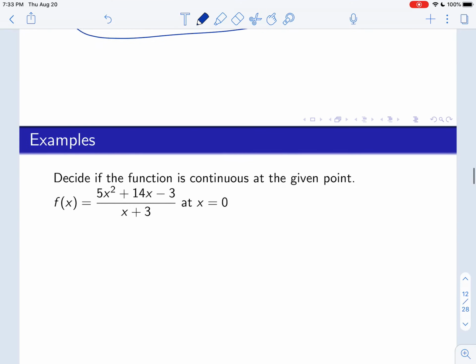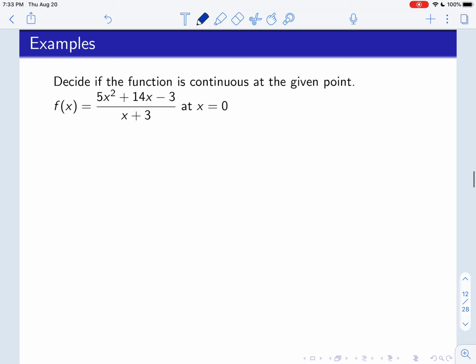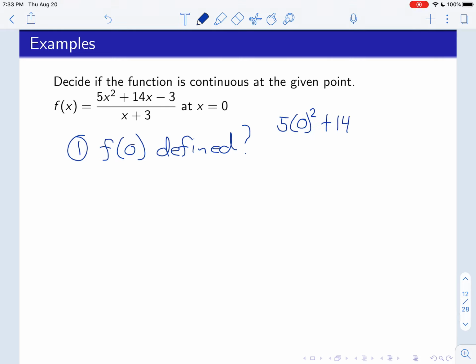All right, what about at a different point? So same function, different point. So let's see if f of 0 is defined. Well, we have to plug in 0, so that'd be 5 times 0 squared plus 14 times 0 minus 3 over 0 plus 3.